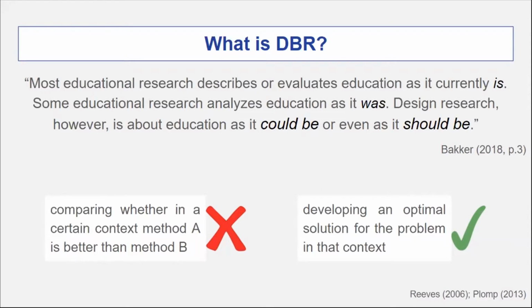Some educational research analyzes education as it was. Design research, however, is about education as it could be or even as it should be. So instead of doing more research comparing whether in a certain context method A is better than method B, researchers should aim at developing an optimal solution for the problem in that context.